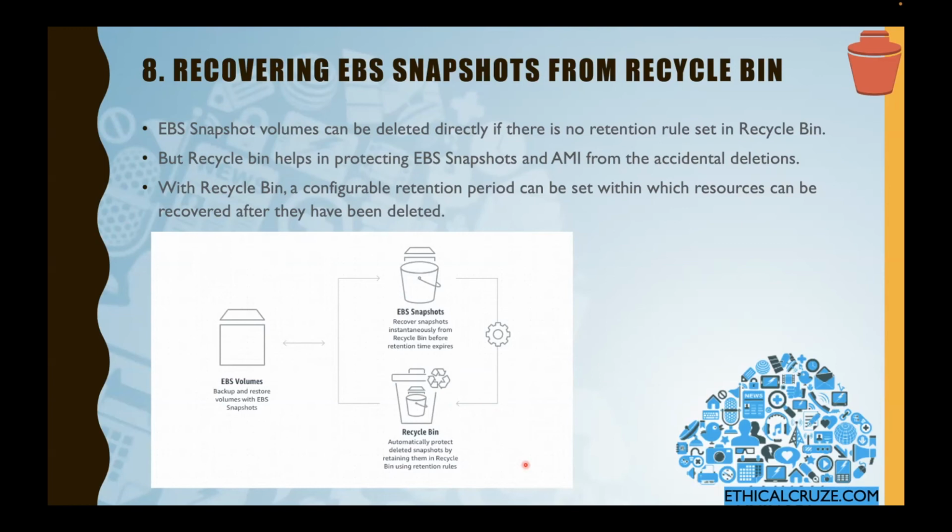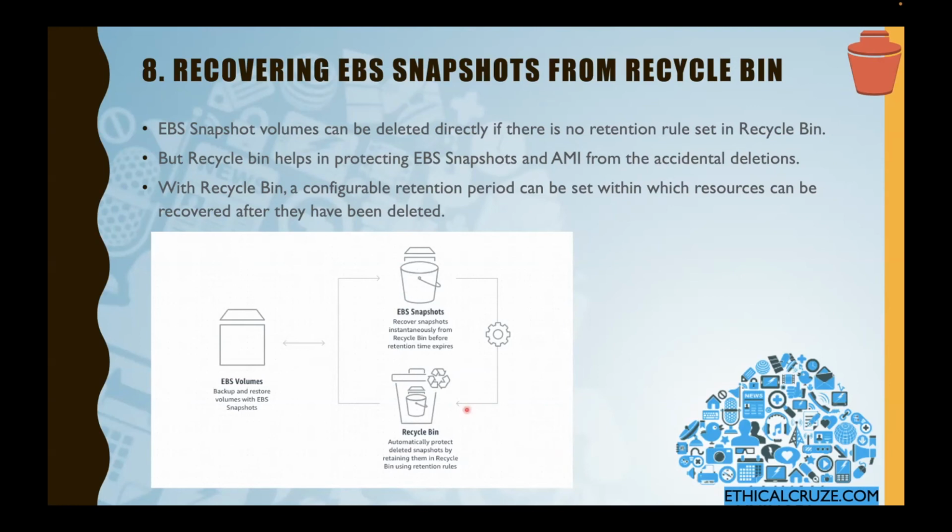Whatever we delete, if it satisfies that retention rule, the EBS snapshot or AMI will go to the recycle bin and remain there until the retention period is exhausted. After that, it will get deleted from there as well. But if the recycle bin rule is not present, then it will be directly deleted.